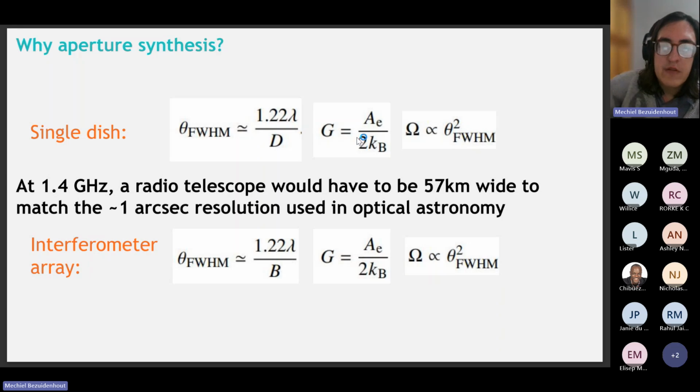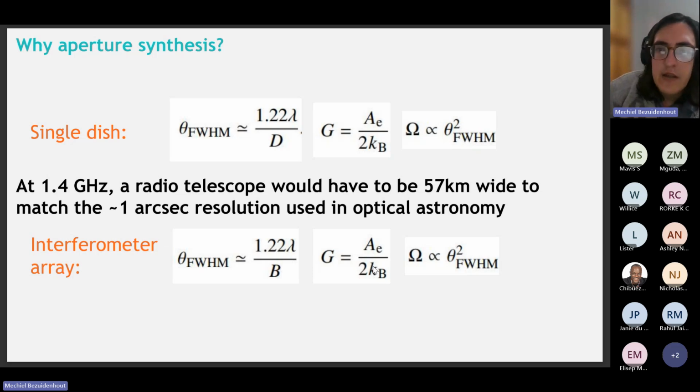In an interferometer array, the same equation holds, but now you add up the effective area of all the different array elements. So it's much more feasible to build 64 1-meter dishes than it is to build one 64-meter dish. In addition, you can always upgrade the sensitivity of the telescope by building more and more of these dishes.